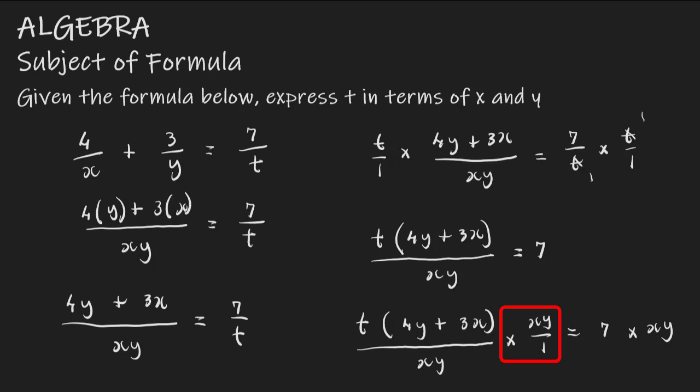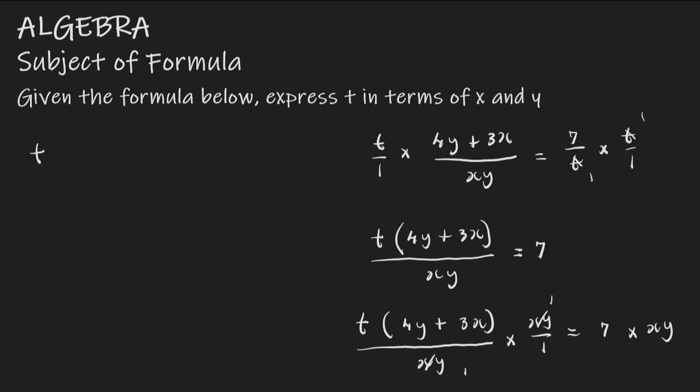Since I multiply xy on my left-hand side, I must multiply xy on my right-hand side. On the left-hand side of my equation, I notice I have xy in my numerator and xy in my denominator. So the two of them will divide into each other. Xy into xy is 1. So I'm therefore left with t times (4y plus 3x) is equal to 7xy.